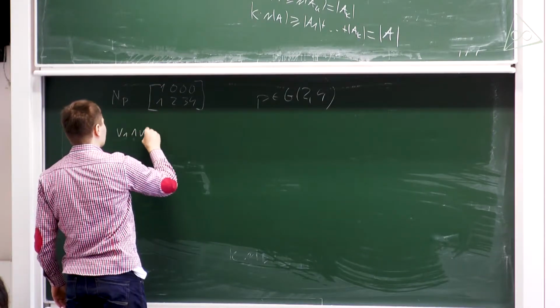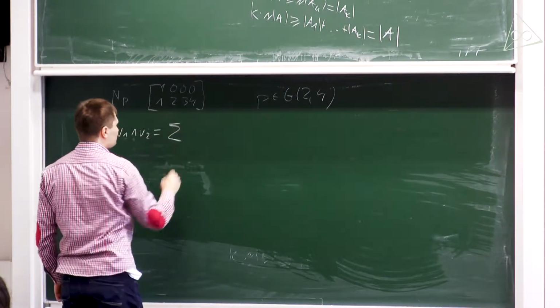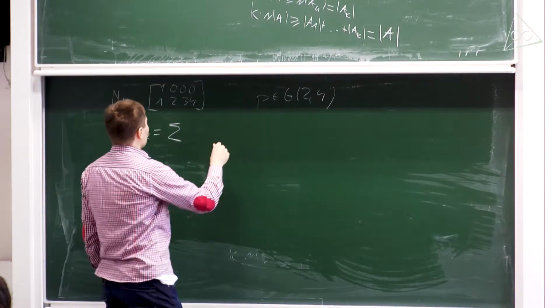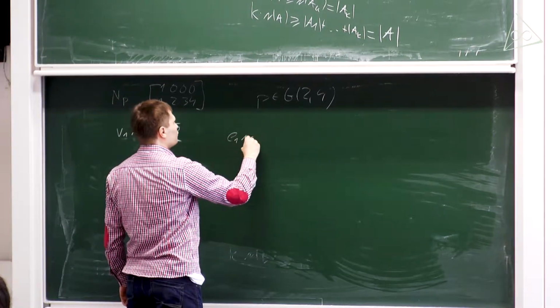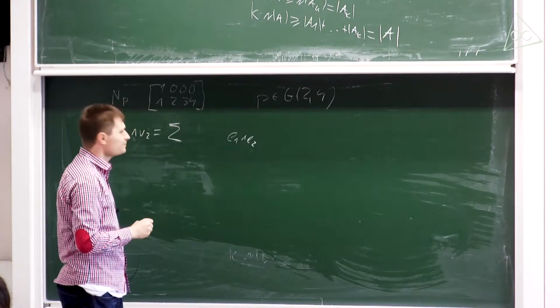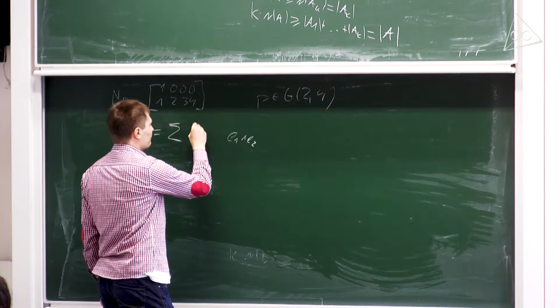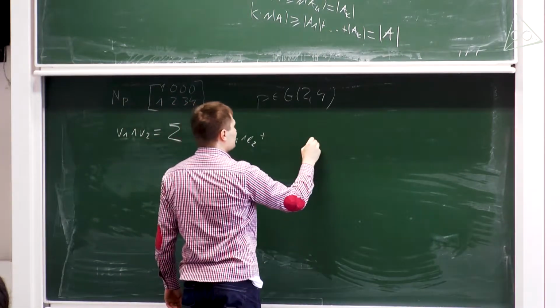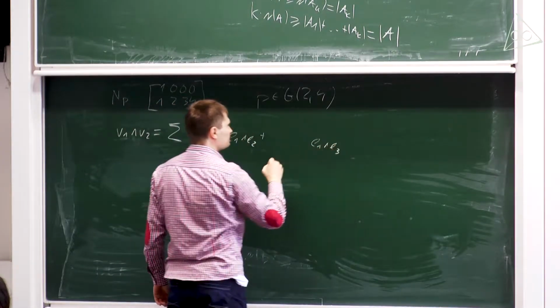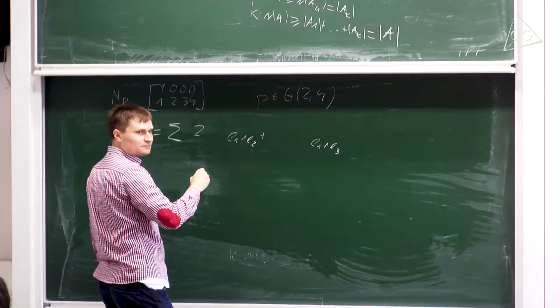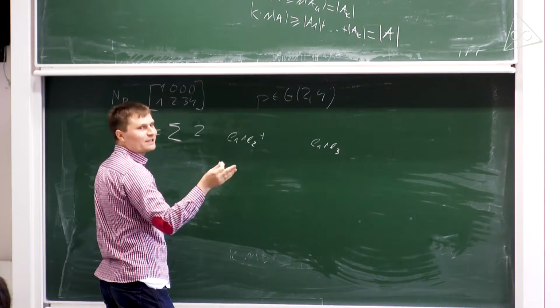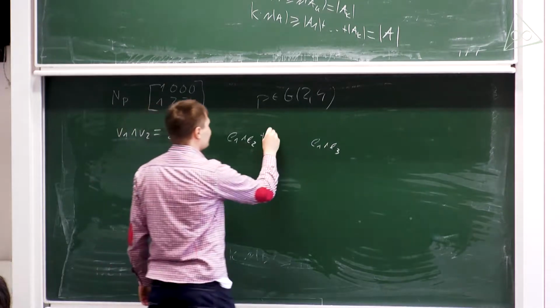Okay, so what's v1 wedge v2? What is the coordinate of e1 wedge e2? 2. What is the coordinate of e1 wedge e3? Someone else, come on. 3.